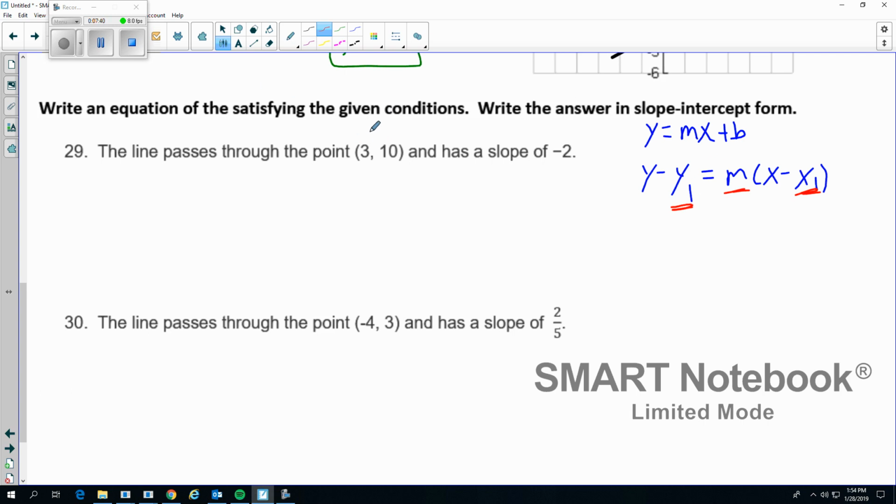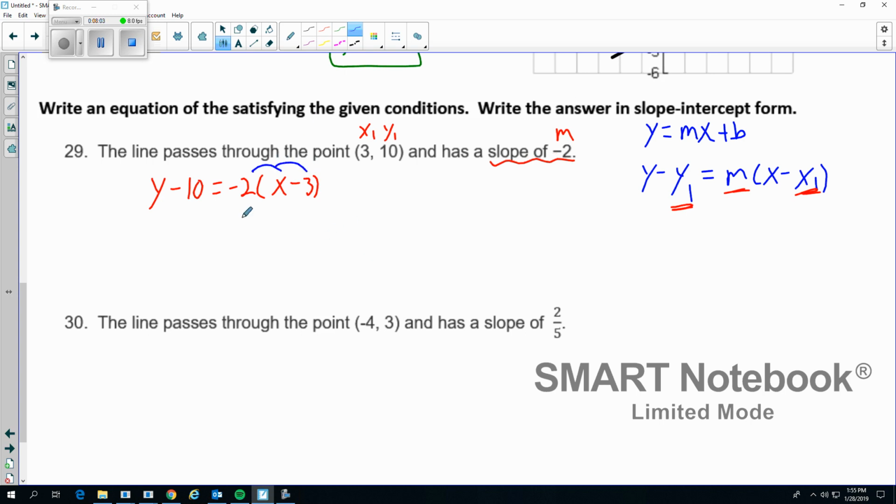So looking at this right here, we'll let this one be x1, y1. The slope of negative 2, so obviously that's my m value. So here we go. We're going to have y minus 10 equals negative 2 times (x minus 3). And this one's pretty easy because we're not having to deal with fractions or anything.